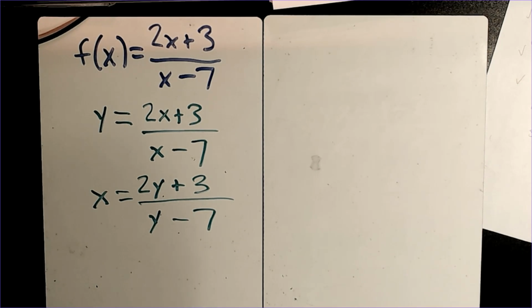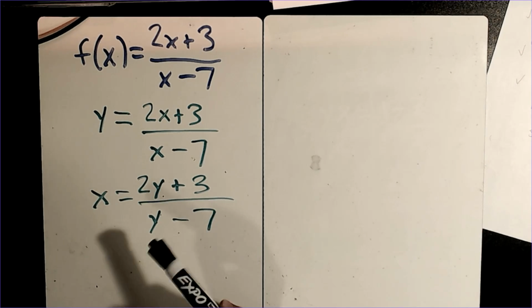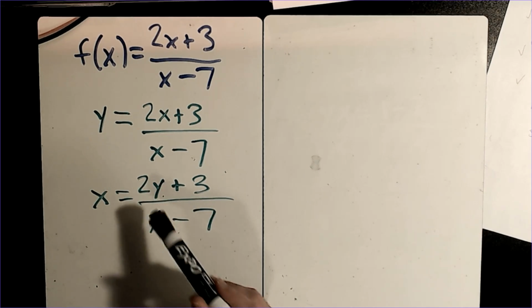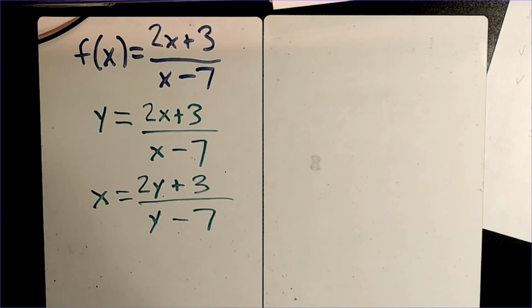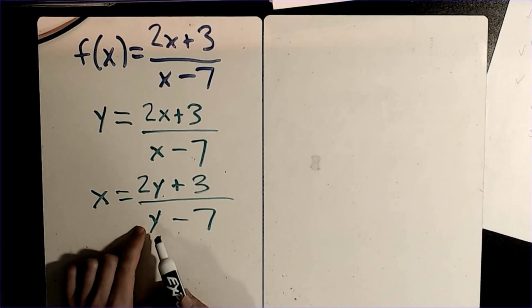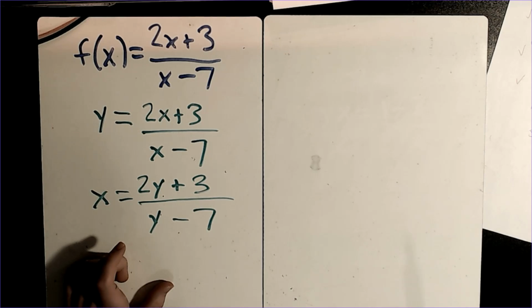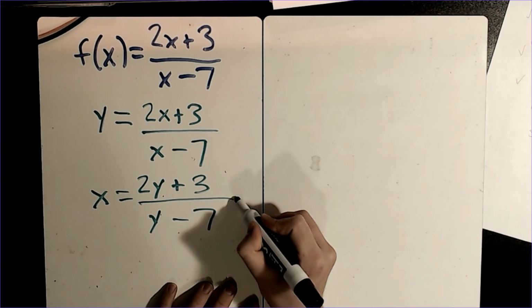Now where this one gets a little bit more complicated is our next step here is just to solve for y. But you'll notice here there's two different y's in our equation. So that's what makes this a little bit harder. So what we're going to do is start by, notice there's a fraction here. I don't really love fractions, so let's get rid of that.